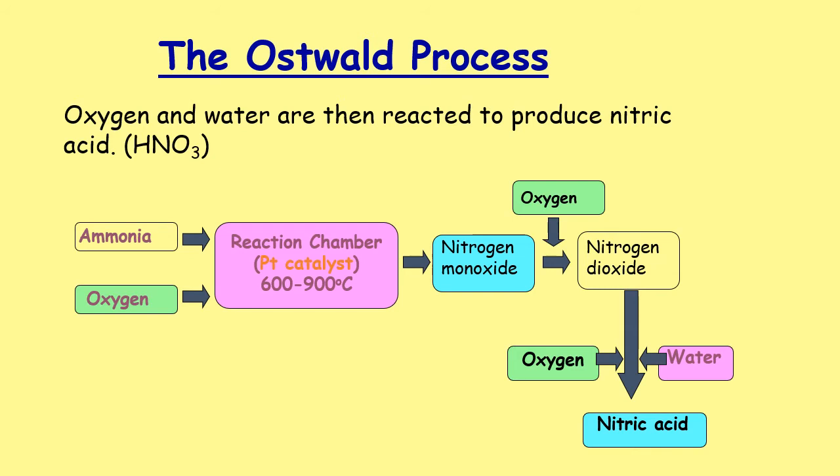You're expected to know those three reactants: ammonia, oxygen, and water. The catalyst is platinum. The order in which this happens, you don't really need to focus on too much, but the first step is ammonia and oxygen, and later on is when the water is added.